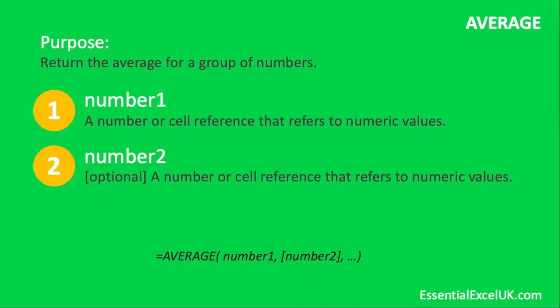We can either enter just one single range which contains all the values we want to get an average return for, or we can enter separate cell references or numbers separated by a comma, and that's why we have the optional number two. Obviously we have to put at least one value or one reference into this. That could be a range of multiple cells, or we can do separate references, hence why the second entry is optional.